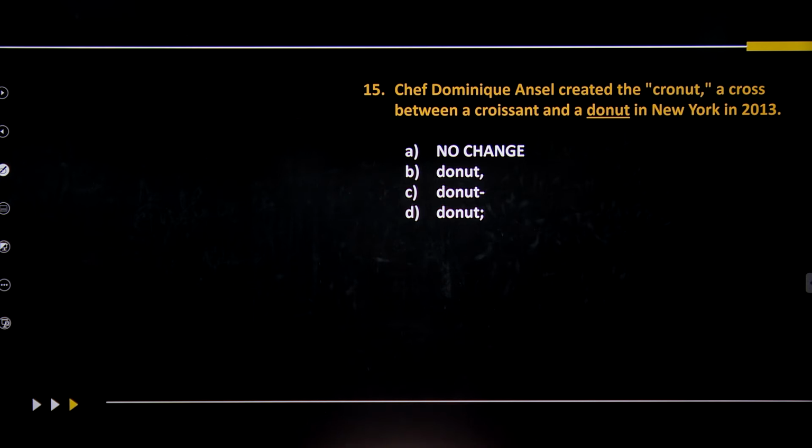Therefore, you have to put some punctuation after the donut. Can it have a dash? Before a preposition, do you have a dash? I don't think so. A semicolon?